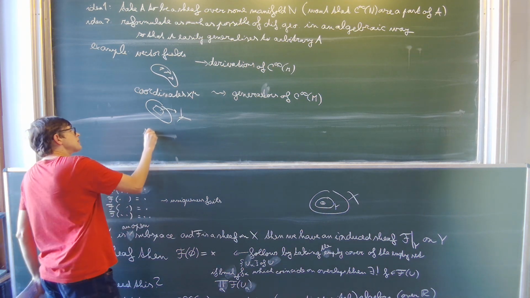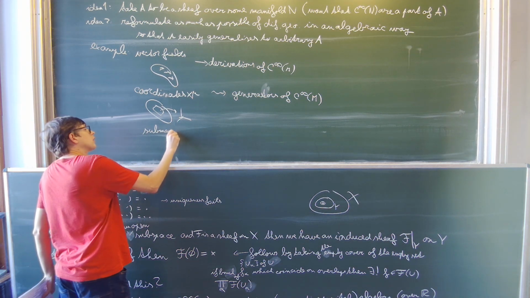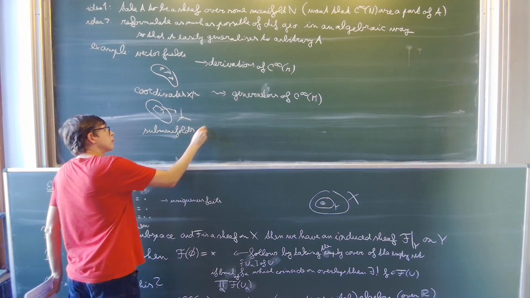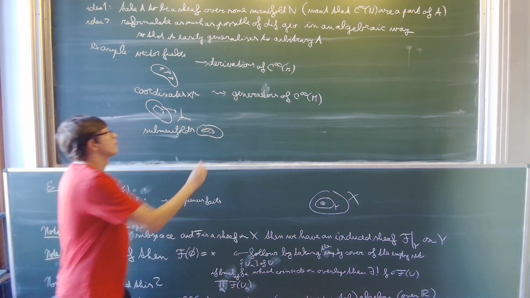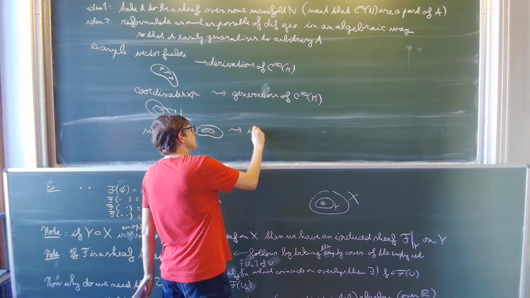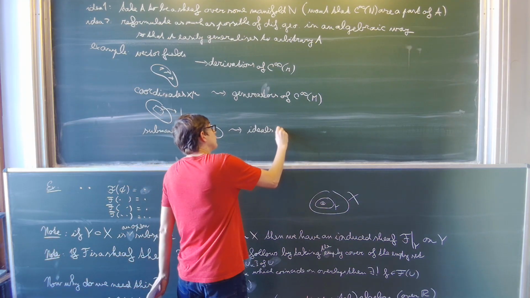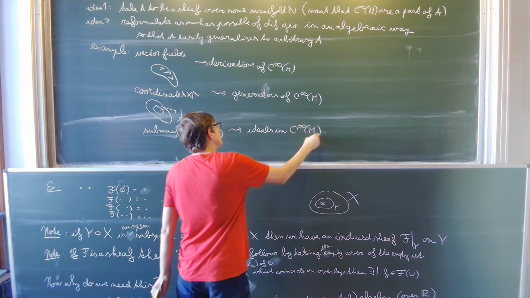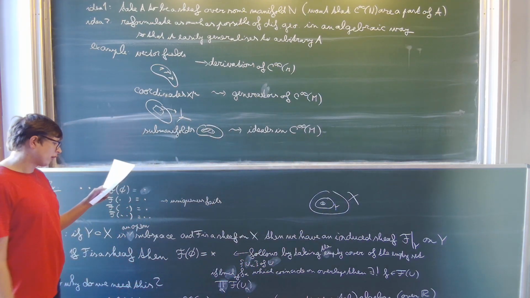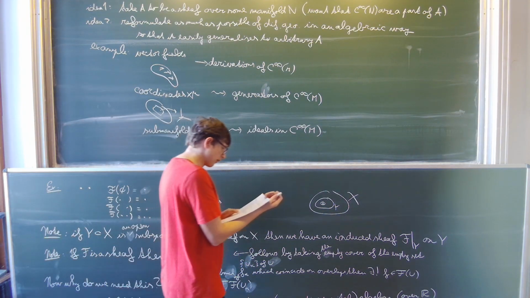So similarly, subspaces or submanifolds. Again, there's a concrete picture to have in mind. There's a subspace. What they correspond to is ideals in the algebra of functions, namely the ideal of functions which vanish on that submanifold.